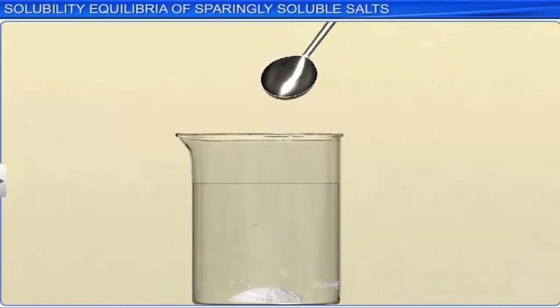Now, let's derive a relation between the solubility and H+ ion concentration for a mixture of a weak acid and its salt. Let's take a mixture of weak acid HX and its salt MX. MX ionizes to give M+ ions and X- ions. Then Ksp is equal to the product of molar concentration of M+ ions and X- ions.